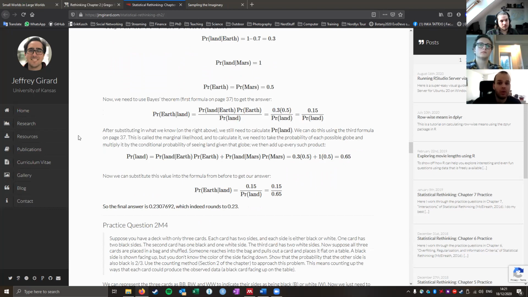We can do this using the conditional probabilities of seeing land and adding them up. The probability of land is the probability of land given Earth times the probability of Earth, plus the probability of land given Mars times the probability of Mars, which is 0.3 times 0.5 plus 1 times 0.5, which is 0.65. And now we can add this to our equation, so 0.15 divided by 0.65, and we get the answer, which is 0.23.